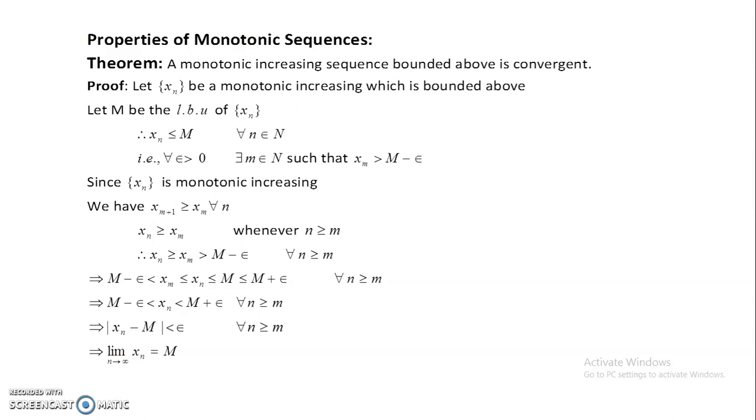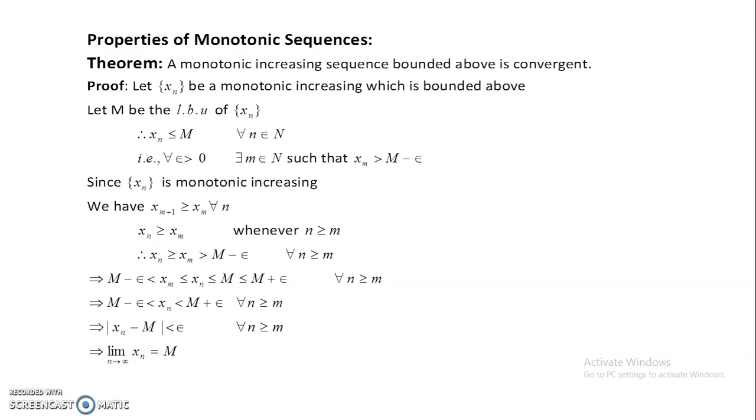Since the sequence xn is monotonically increasing, comparing with the term after the mth term, xm+1 should be greater than or equal to xm. This relation holds for every n. Therefore xn should be greater than or equal to xm, replacing xm+1 by xn.